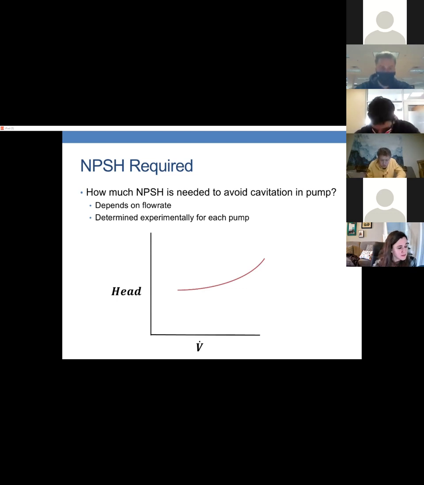It looks like this. So this is the NPSH required by the pump. And again, this is determined experimentally for each pump, just like the pump curve from last time.